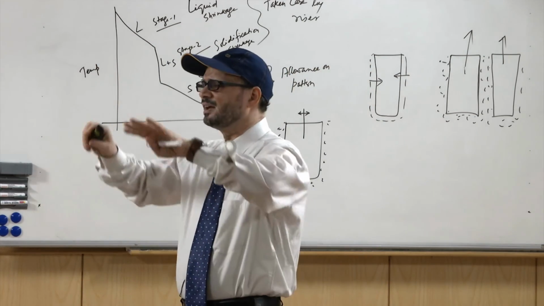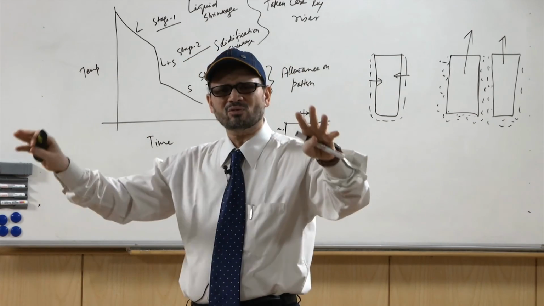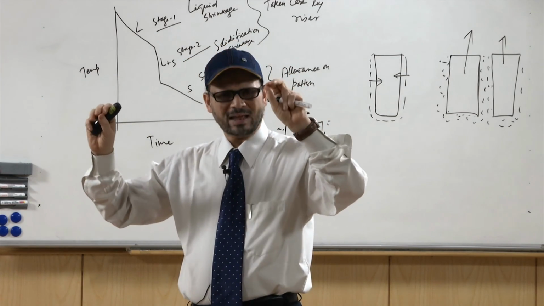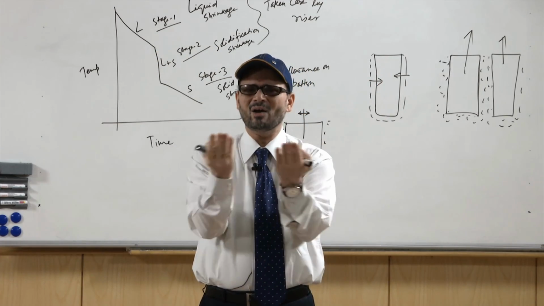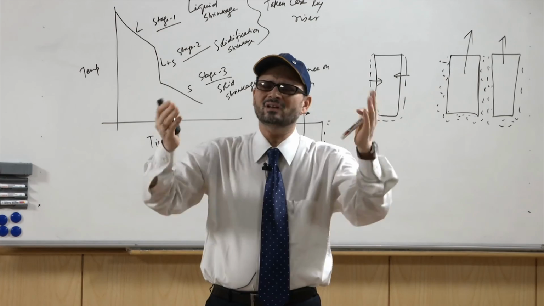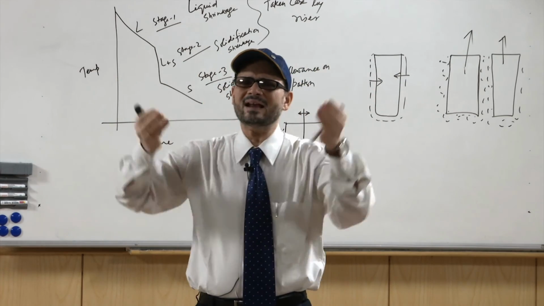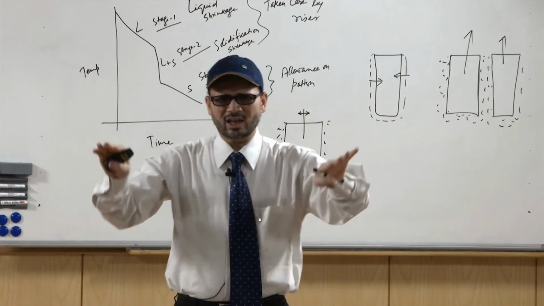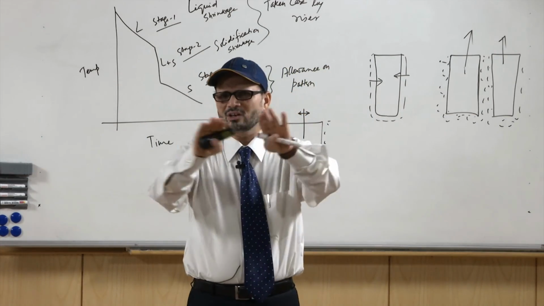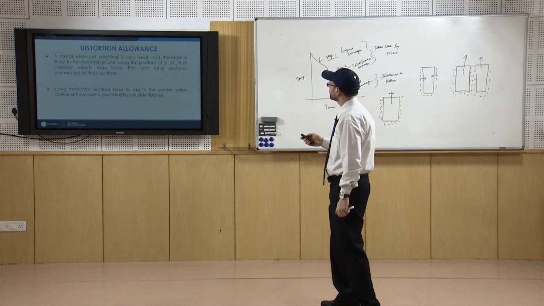Mostly they will bow down because of the heavy weight of the metal. In those cases, you will have to provide an allowance in the upper direction, or bend the casting in the upper direction, so that once it takes the shape in the lower direction, you get a flat surface.